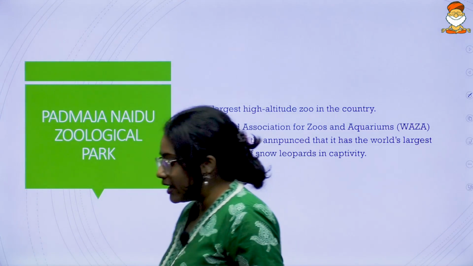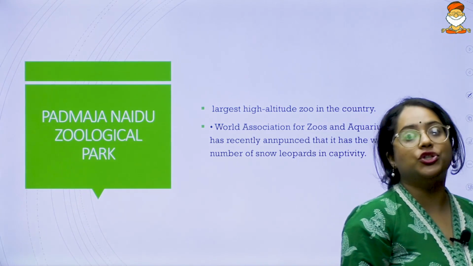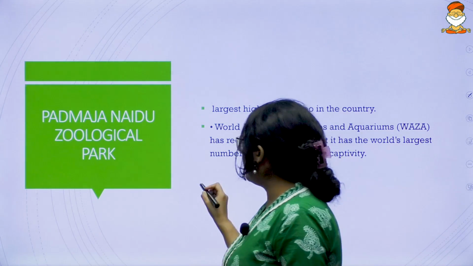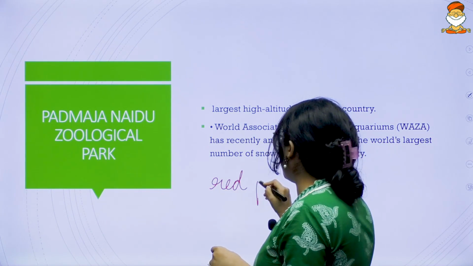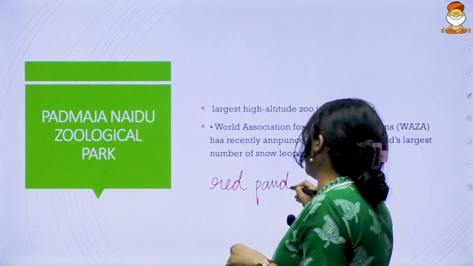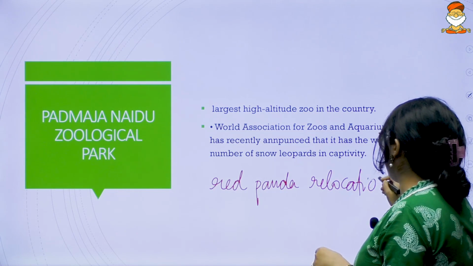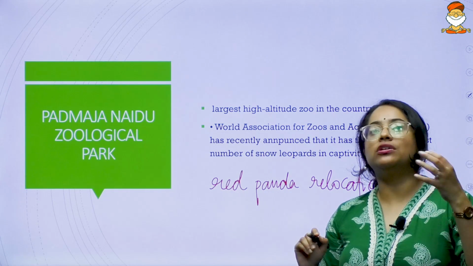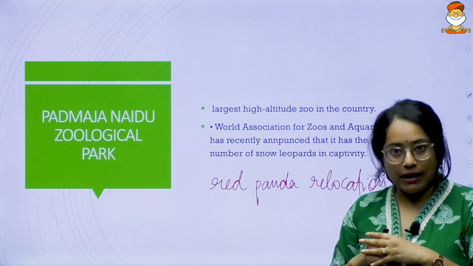The next area that we have to discuss is your Padmaja Naidu Zoological Park. Last year it was there in news because it was involved in red panda relocation. Because the population of red pandas was dwindling, some of them were captured and put under captive breeding in Padmaja Naidu Zoological Park.